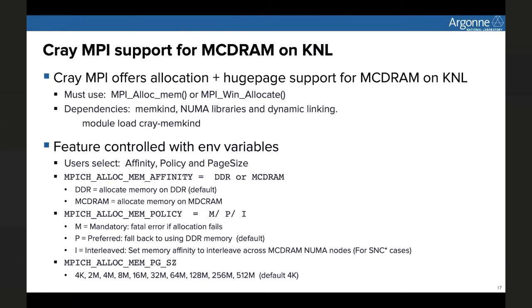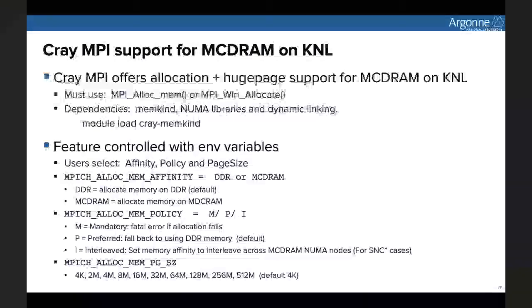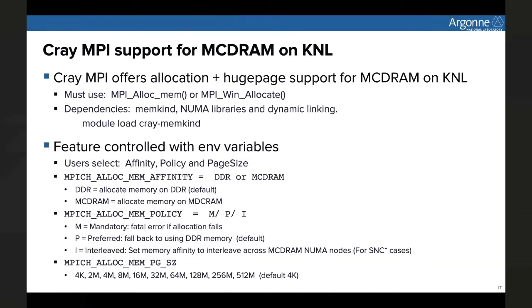So the controls that are available to manage this with environment variables are MPICH_ALLOC_MEM_AFFINITY that specifies whether the buffer should be allocated from DDR or MCDRAM. And similar to how, if you're familiar with the numactl options, it has mandatory, preferred, or interleaved.